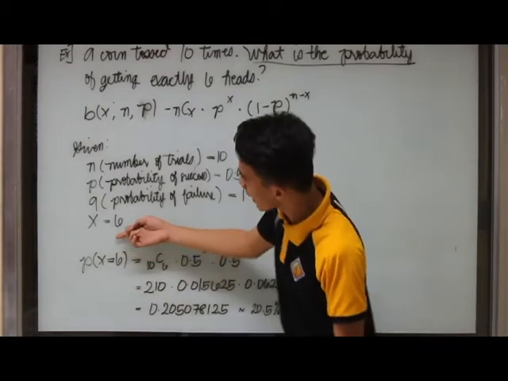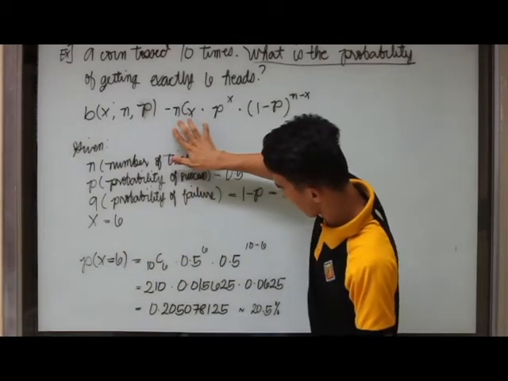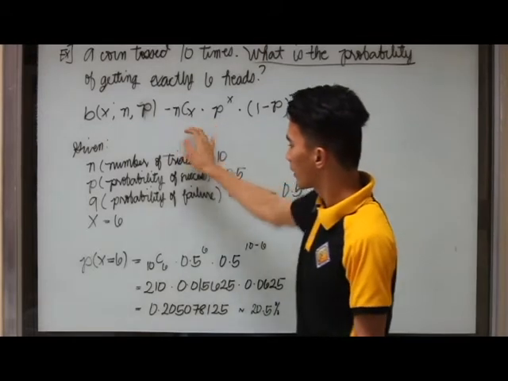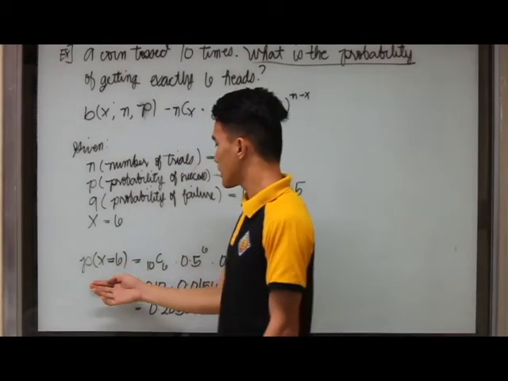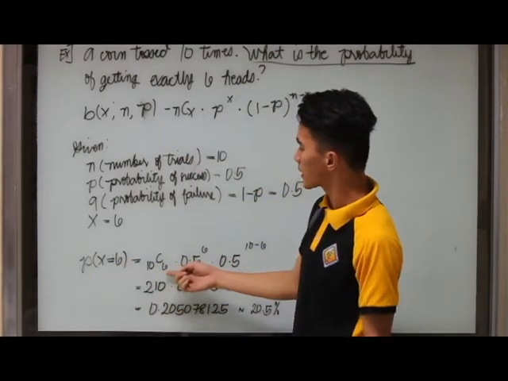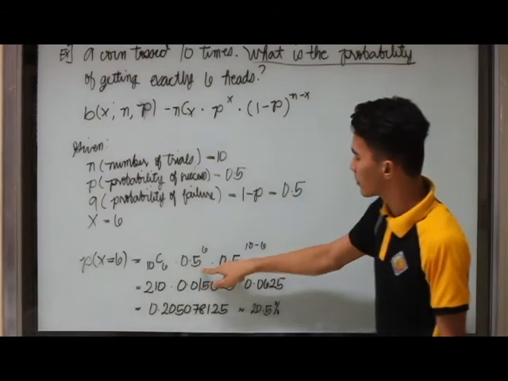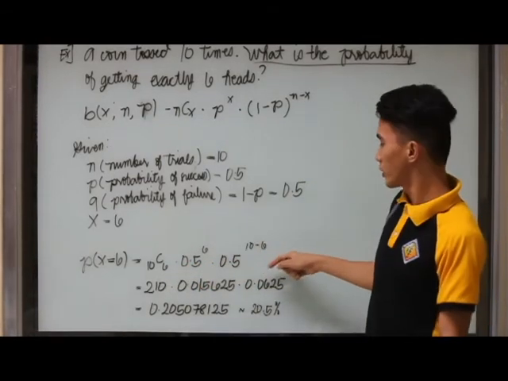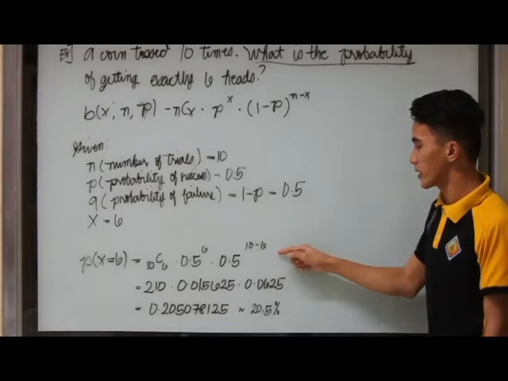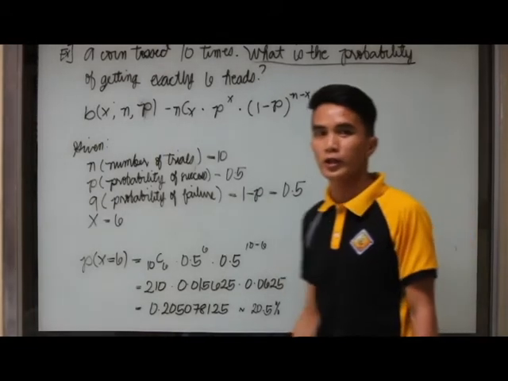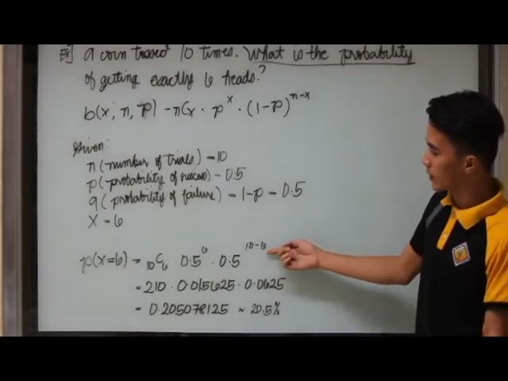So, inputting our variables in the formula, P of X equals 6 is equal to 10C6 times 0.5 raised to 6 times 0.5 raised to 10 minus 6.